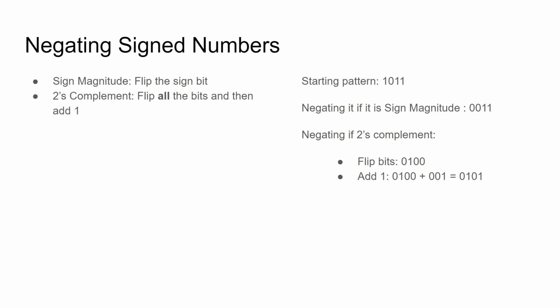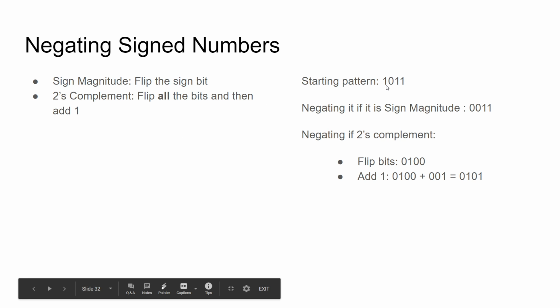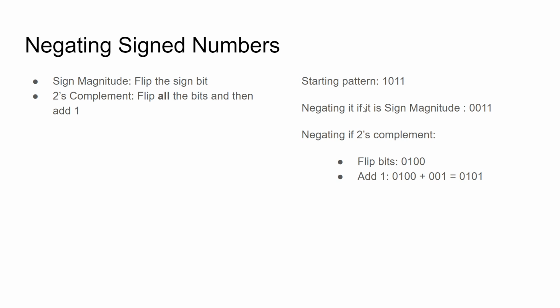For 2's complement, it's a little bit more complicated. First, you flip all of the bits, and then you add 1. And when I say add 1, I literally mean you do arithmetic in binary, adding 1. So if our starting pattern was 1, 0, 1, 1, and we negate it in sign magnitude, it's 0, 0, 1, 1.